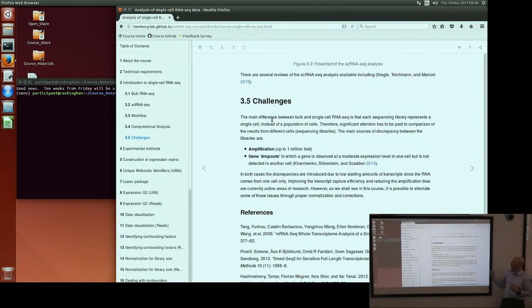And one specific feature of single-cell RNA-seq data, which is not present in bulk RNA-seq data, is this concept of dropouts. We'll be talking about that quite a lot here, but what happens is that you will have genes that, based on their average, appear to be relatively highly expressed, but still you'll see a substantial fraction of the cells have actually 0 reads detected for that gene.